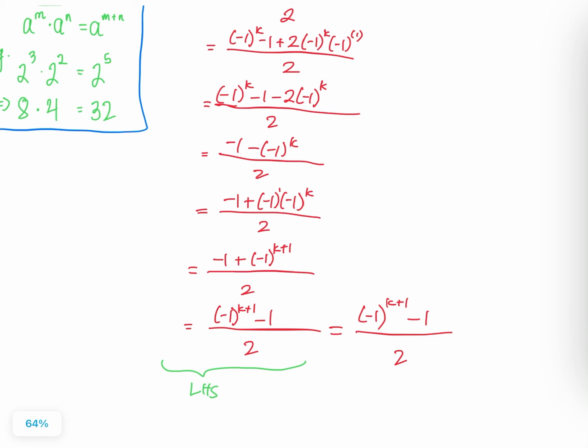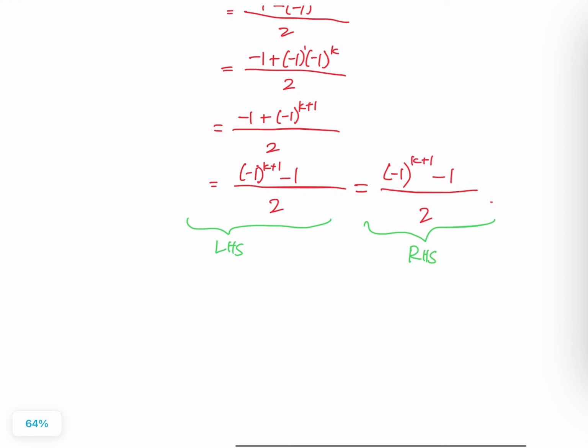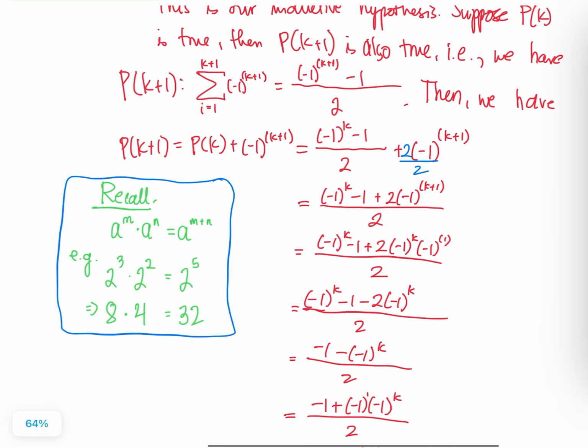So this is our right-hand side. And of course, the left-hand side is equal to the right-hand side. So therefore we say that then the induction step holds. Okay, cool.